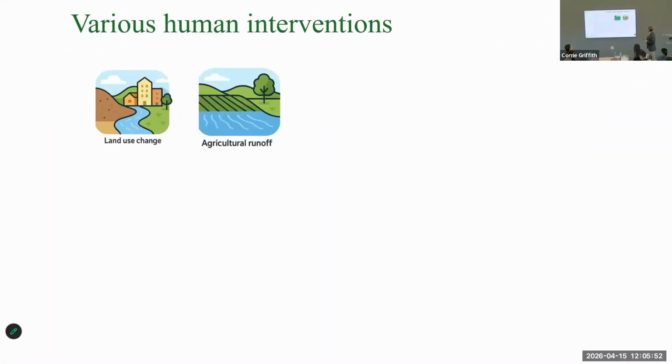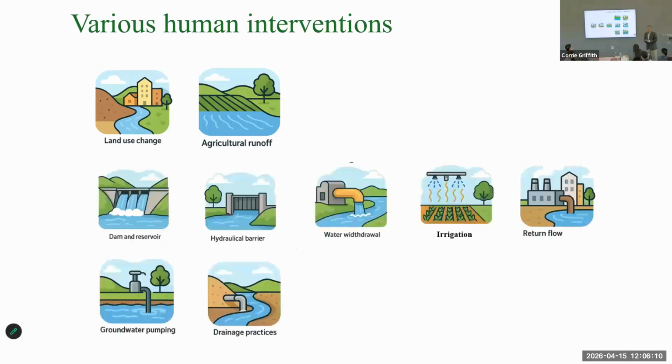We have various different human interventions, and traditionally hydrologists consider land use change and agricultural runoff. We call those interventions that have an indirect effect on streamflow. But there are many other forms of interventions that directly affect the streamflow, such as dams and hydraulic barriers.